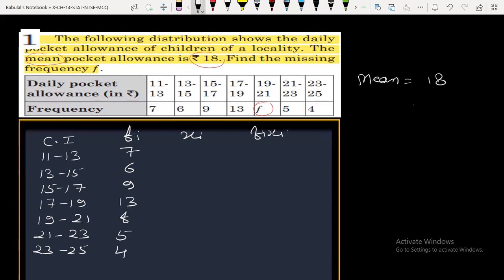And now the class marks, means the mid value of the class, lower limit plus upper limit divided by 2. 11 plus 13 is 24, divided by 2 is 12. 13 plus 15 is 28, divided by 2 is 14. 15 plus 17 is 32, divided by 2 is 16. 17 plus 19 is 36, divided by 2 is 18. 19 plus 21 is 40, divided by 2 is 20. 21 plus 23 is 44, divided by 2 is 22. 23 plus 25 is 48, divided by 2 is 24.